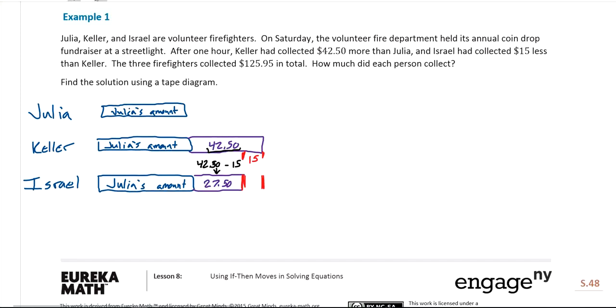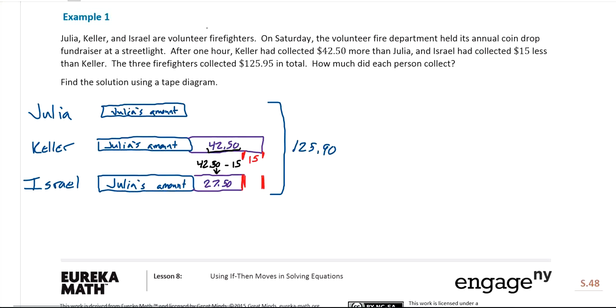And then remember, all three of them together collected $125.95 in total. So let's use this information that we just organized in a tape diagram to come up with how much each person individually collected.